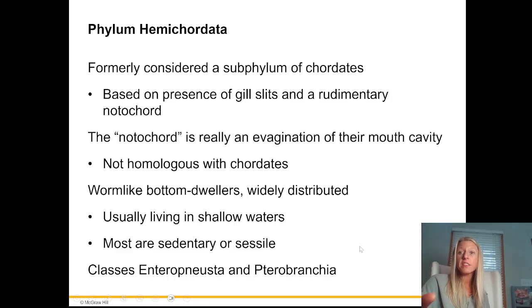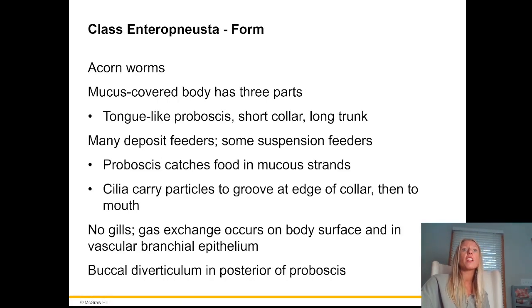They usually live in shallow water. They are sedentary. And we have 2 classes, the Enteropneusta. These are the acorn worms, and they have a mucus-covered body with a tongue-like proboscis, a collar, and a trunk. Many are deposit or suspension feeders. They don't have gills, gas exchange on the body surface.